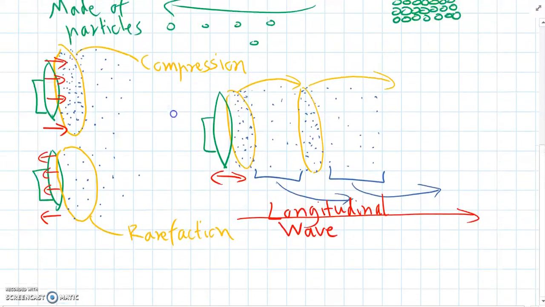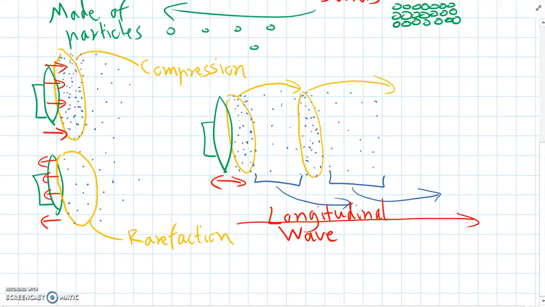And this is something really important to just look at before we finish. We need to look at what an individual particle does. So looking at this one here, as the area around it gets compressed, all the particles nearby will move closely together. But then, as a rarefaction moves into that area, that same particle and all the ones near it will spread out again.